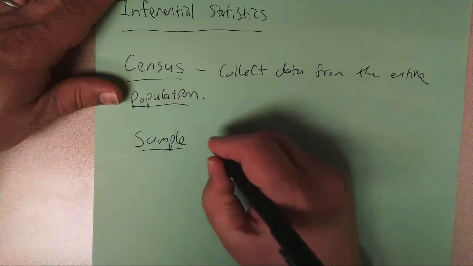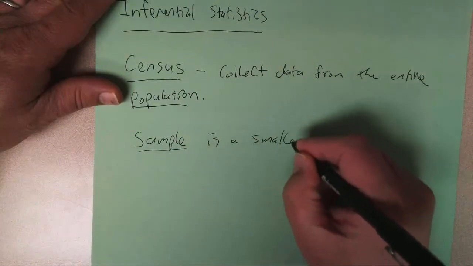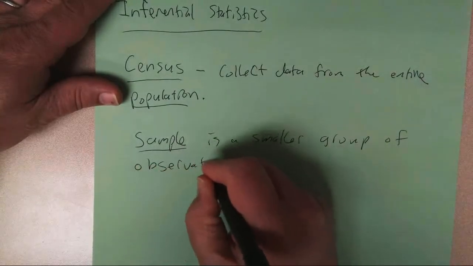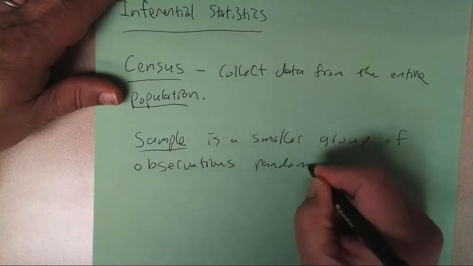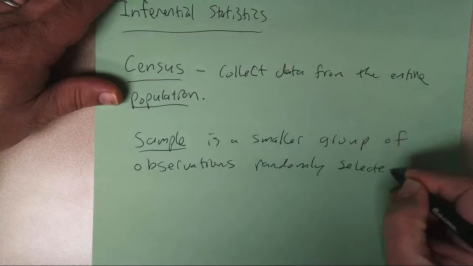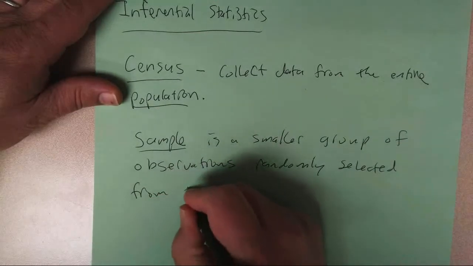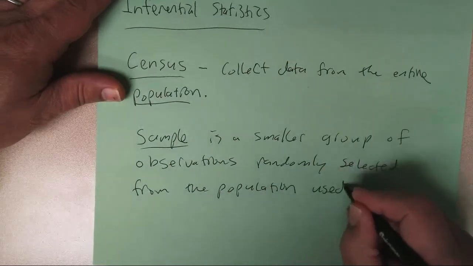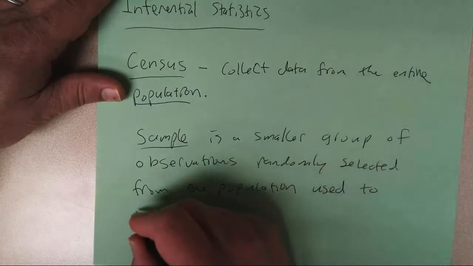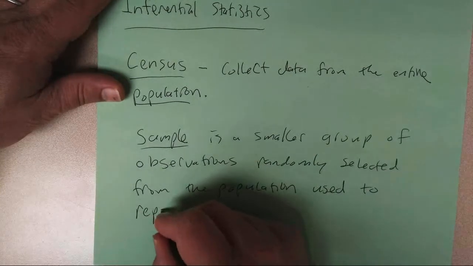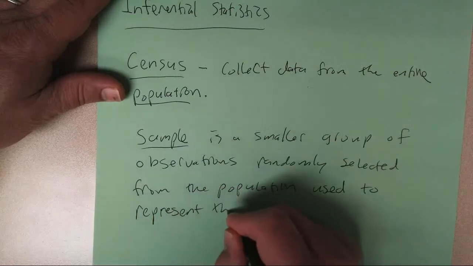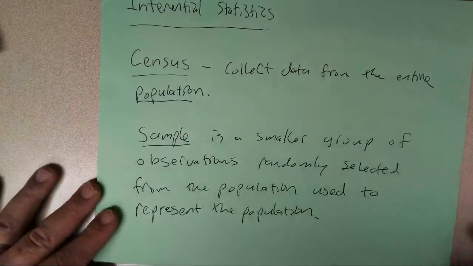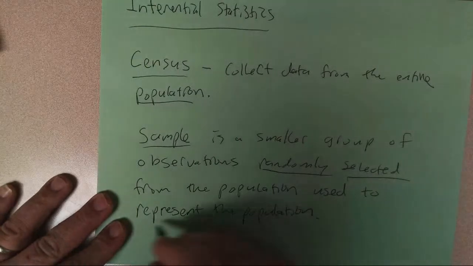A sample is a smaller group of observations randomly selected from the population used to represent the population. And this is important: randomly select and represent.